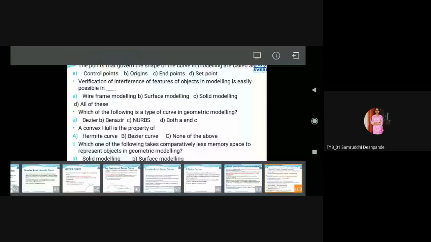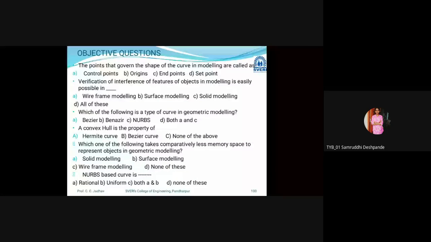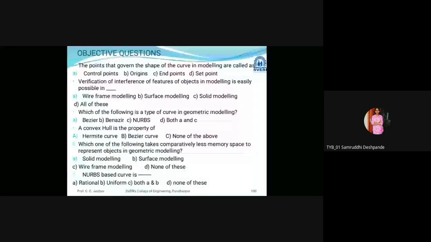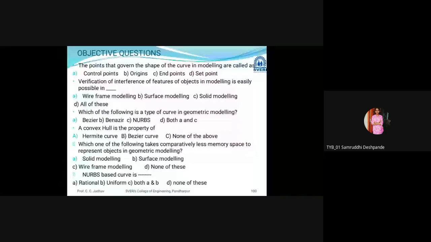So for today's lecture, this is sufficient. You have covered the first two chapters. If you have any doubt regarding these first two chapters, or in the second chapter, if you are unable to understand the geometric transformations, the modeling, their problems or properties, then you can pin me on mail, WhatsApp, or here only.